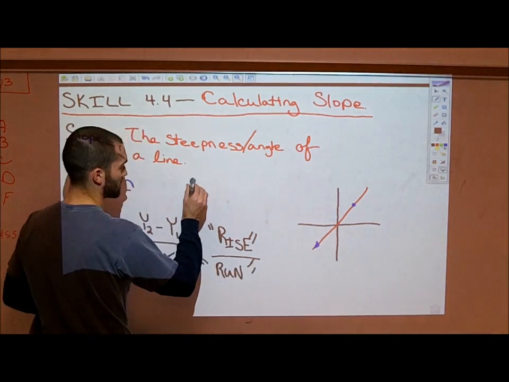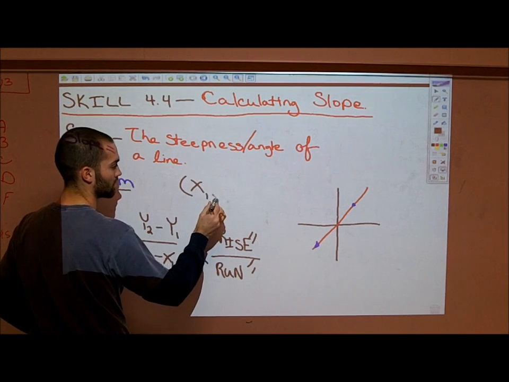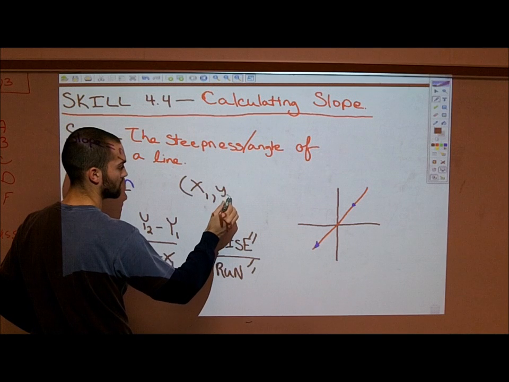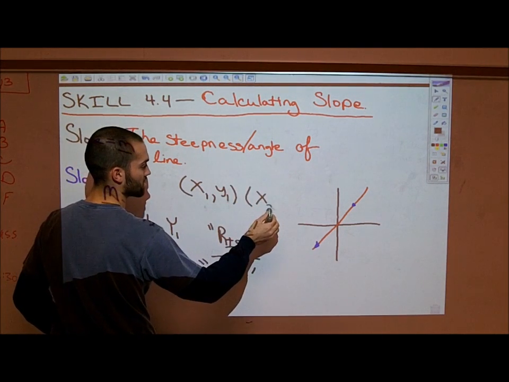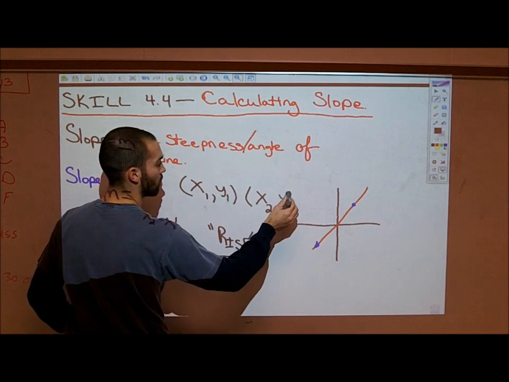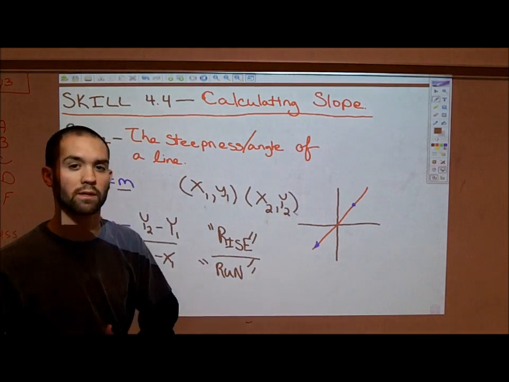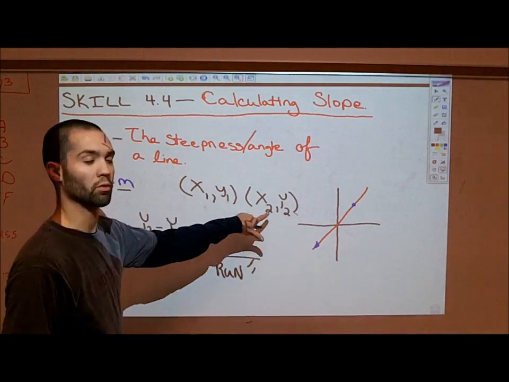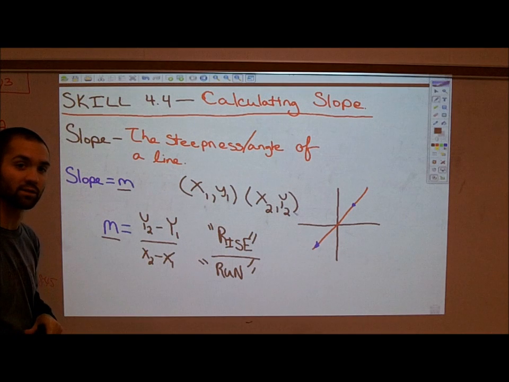So you're going to have a point x1, y1, as well as a point x2, y2. These are the points that we're going to get. So you take the 2 ordered pairs and use their coordinates to help calculate slope.